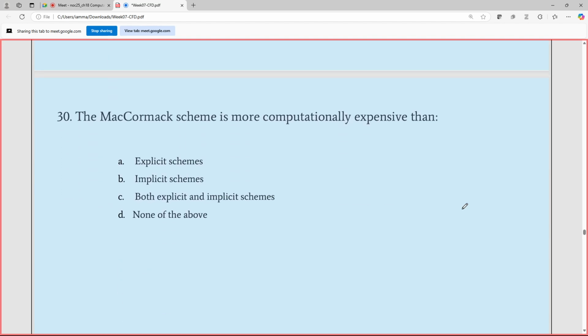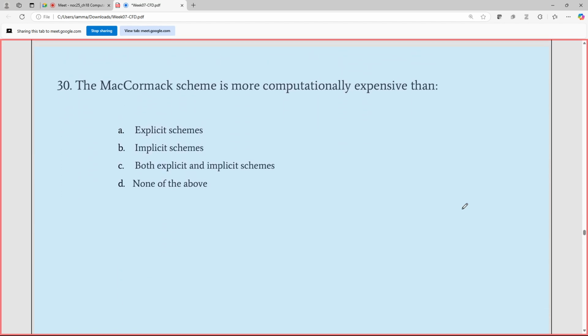Moving on to the next question. The McCormack scheme is more computationally expensive than which of the following? Options are option A, explicit schemes; option B, implicit schemes; option C, both explicit and implicit schemes; option D, none of the above.